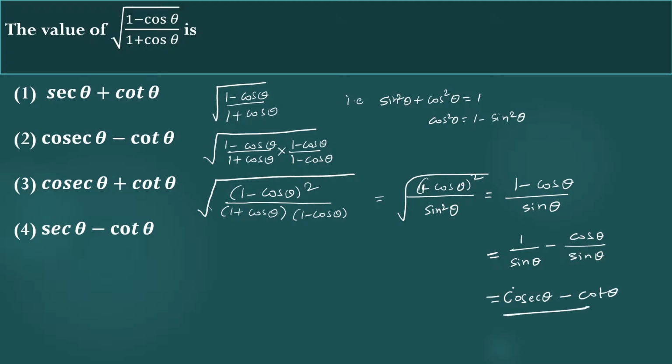So see the options: cosecant theta minus cot theta, option 2 is correct.